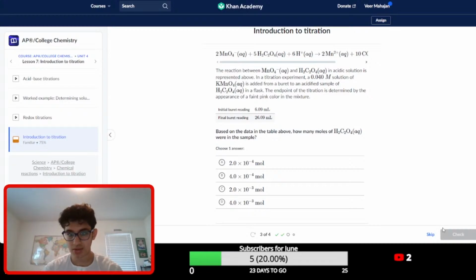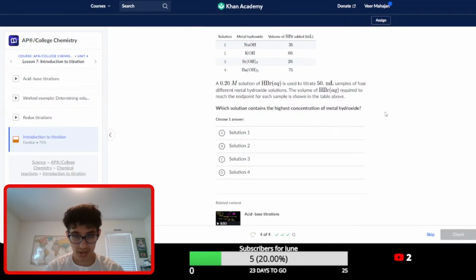If you multiply them, what do you get? 0.04 times 0.02, which should be 0.0008. I think that's right. 8 times 10 to the negative fourth. And then now you multiply that by 5 halves, so times 5 divided by 2. So you get 2 times 10 to the negative third.